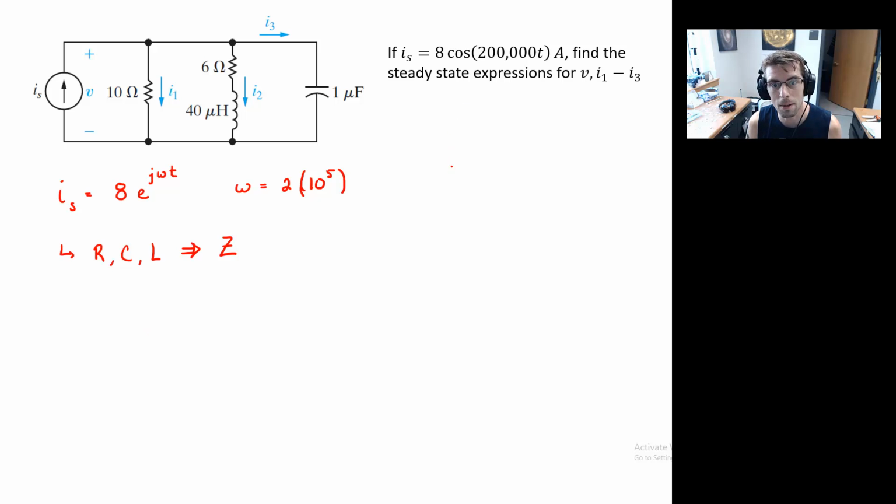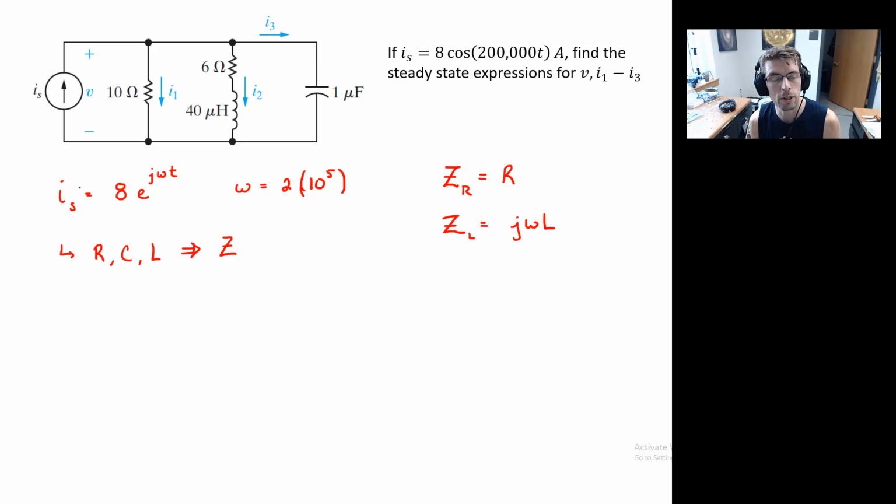So remember, what is the impedance of a resistor equal to? Yeah, just the resistance, R. What that means is that it's in phase, okay? There's no imaginary component. Well, how about the impedance of an inductor? Yeah, good. You got j times omega L.